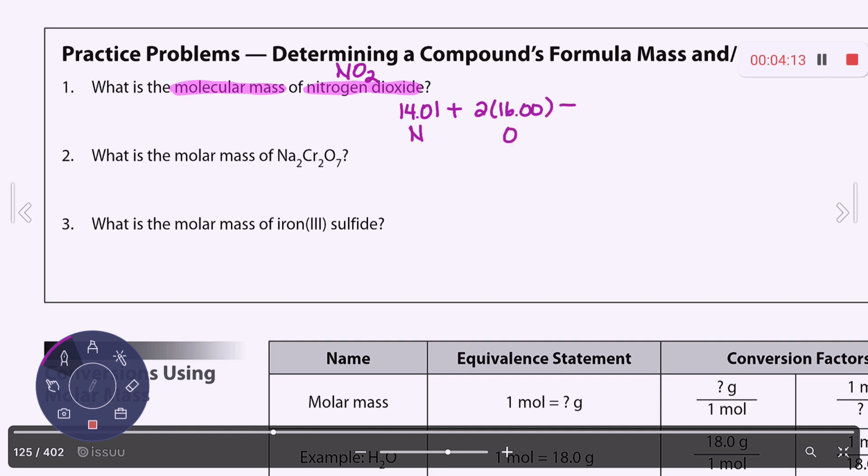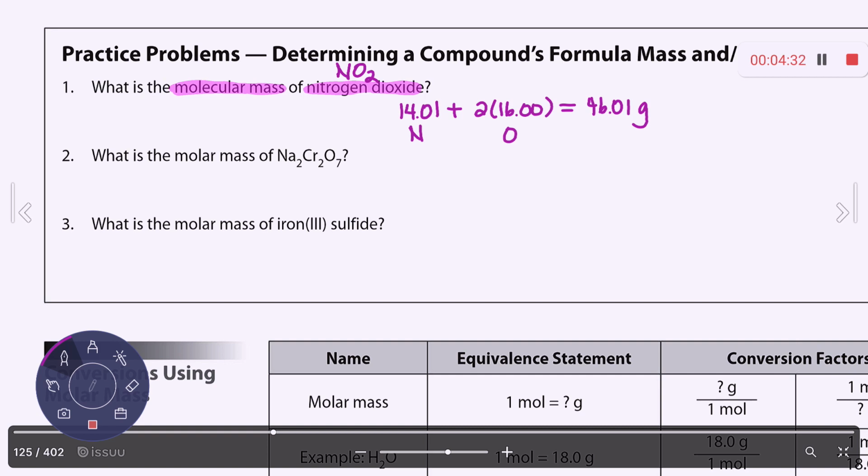Oxygen is 16. Okay, you're going to end up getting 46.01. And then for the molecular mass, we're going to go ahead and put grams, and we're done.